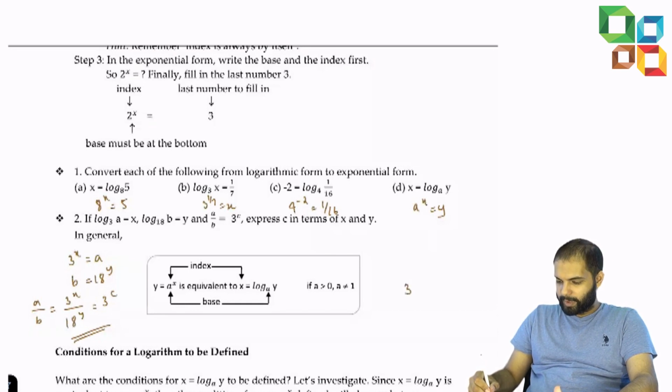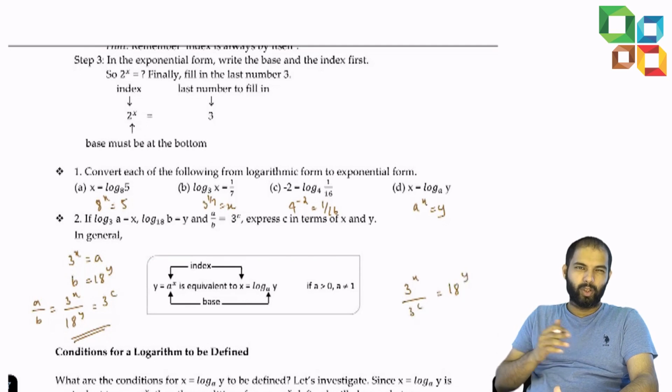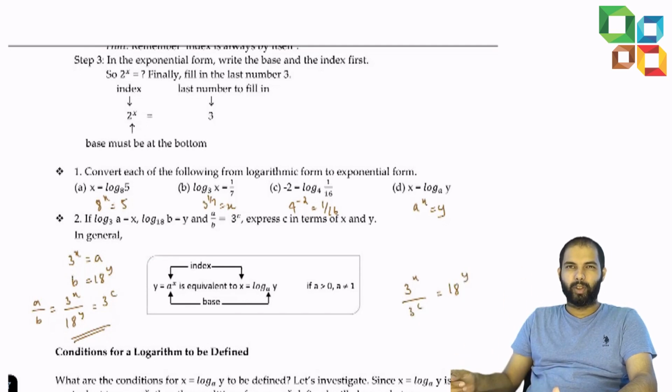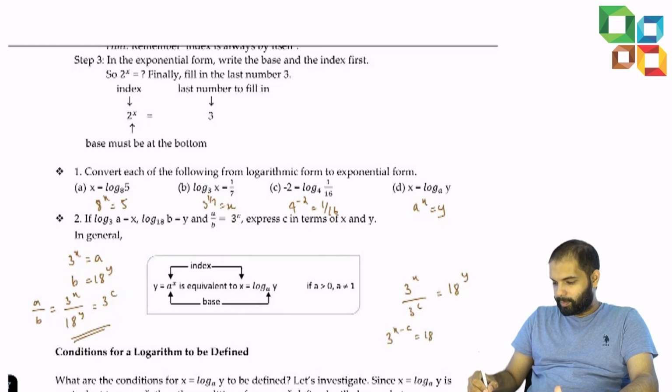Can we write 3 power x by 3 power c is equal to 18 power y? Obviously we know log, and we could have taken log any point of time, just to make it a little different. So this is 3 power x minus c. You all agree?